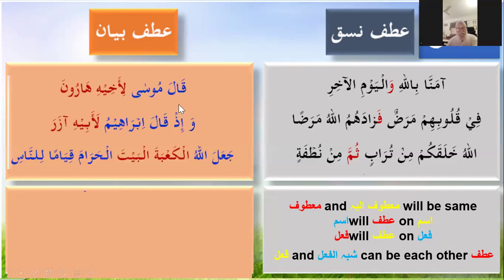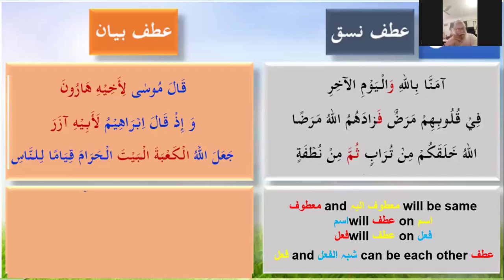What is atfe bayan? Just like "qala Musa li akhihi Harun", li akhihi and Harun. Akhi and Harun are the same, badal. The word akhi is representing Harun and Harun is representing akhi. So they are badal, and this is called atfe bayan. Li akhihi has been described, but to explain and clarify, the name is also written.